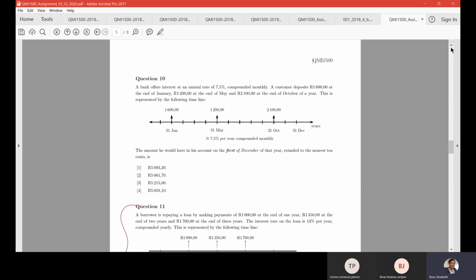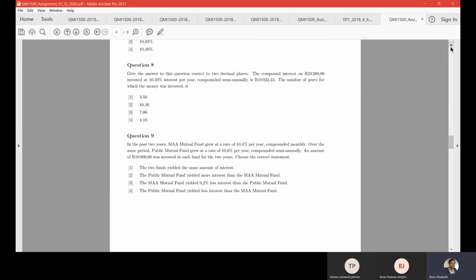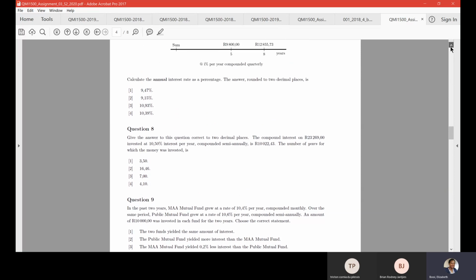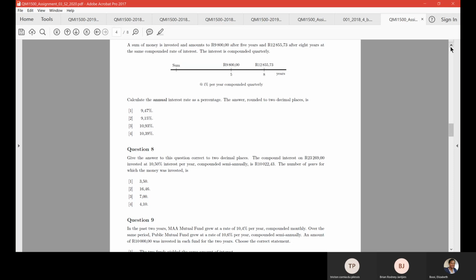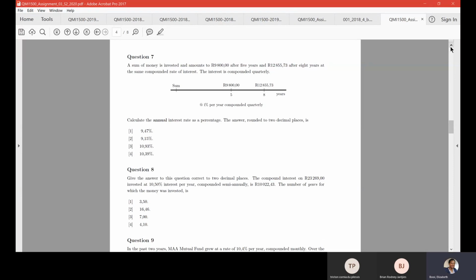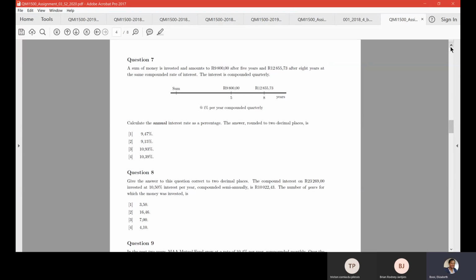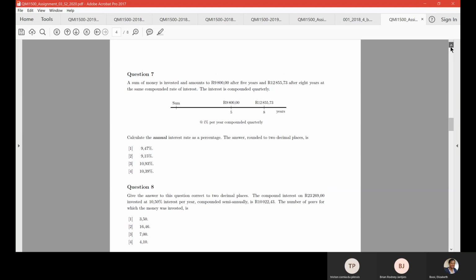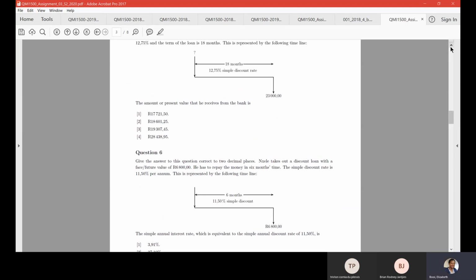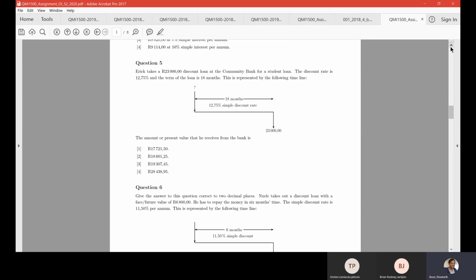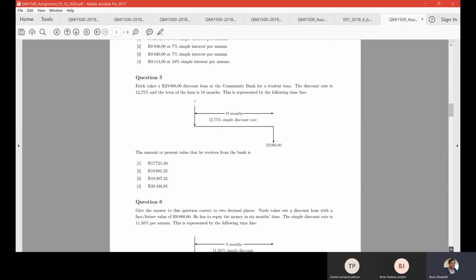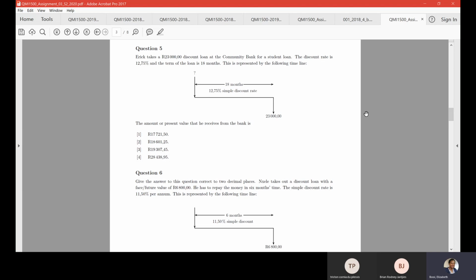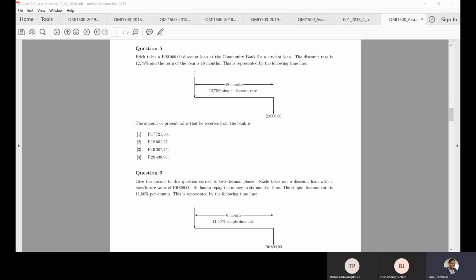Okay, so you also didn't get a time value of your money question in the assignment. Very difficult to find those questions. Okay, that is simple interest. So there are no more questions relating to time value of your money.